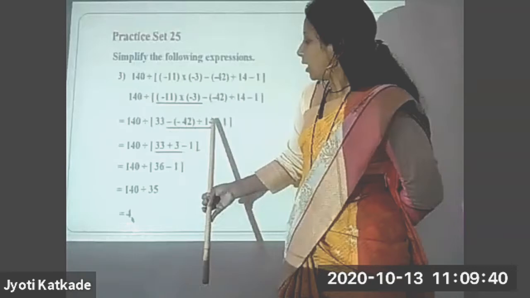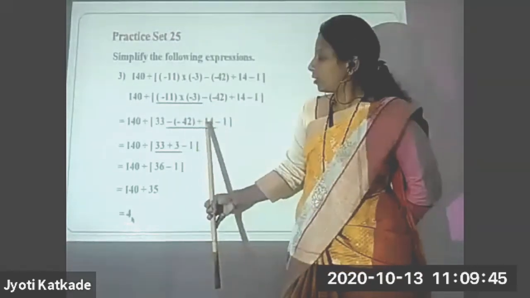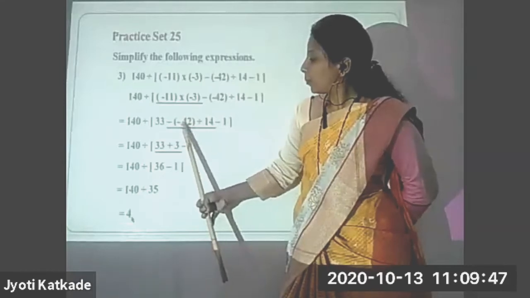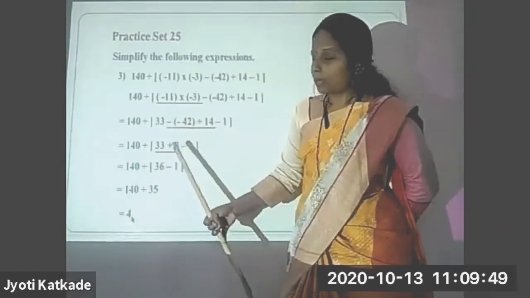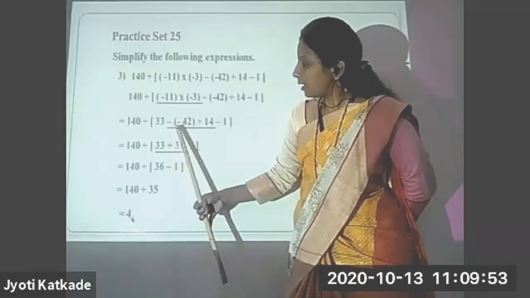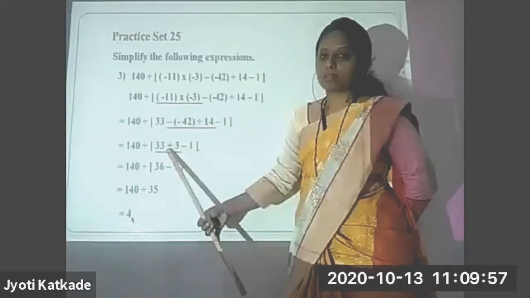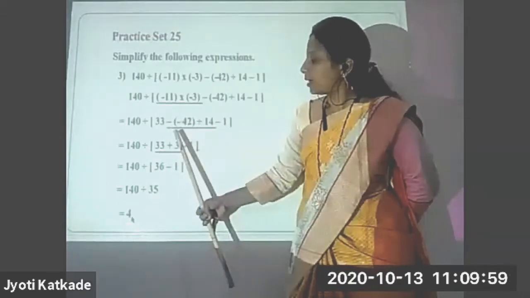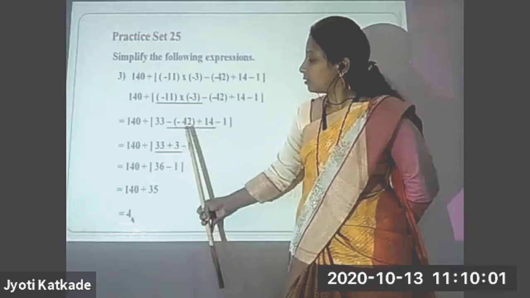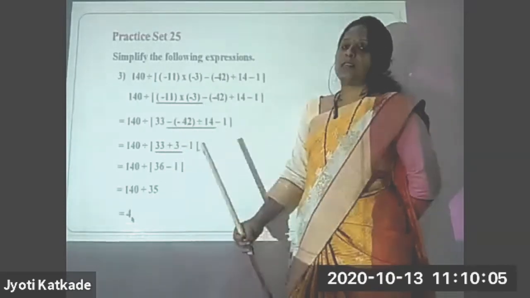Okay. Then 14 3s are 42. Then you may ask why there is a plus sign. This minus sign and this minus sign, when minus into minus, there is plus. 14 3s are 42. This 3 and minus 1 as it is.